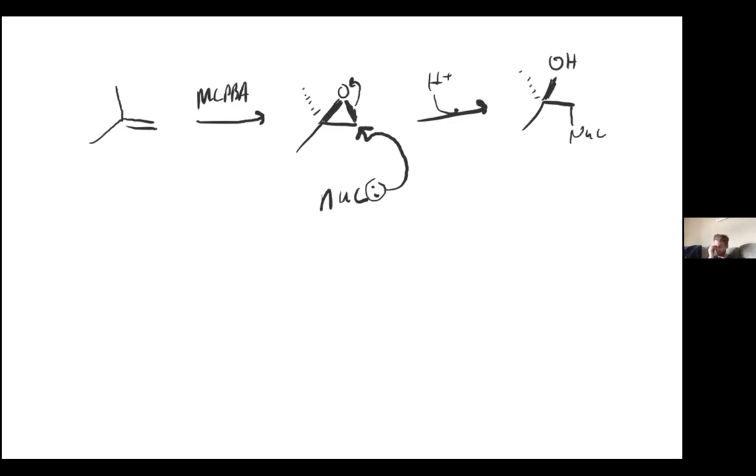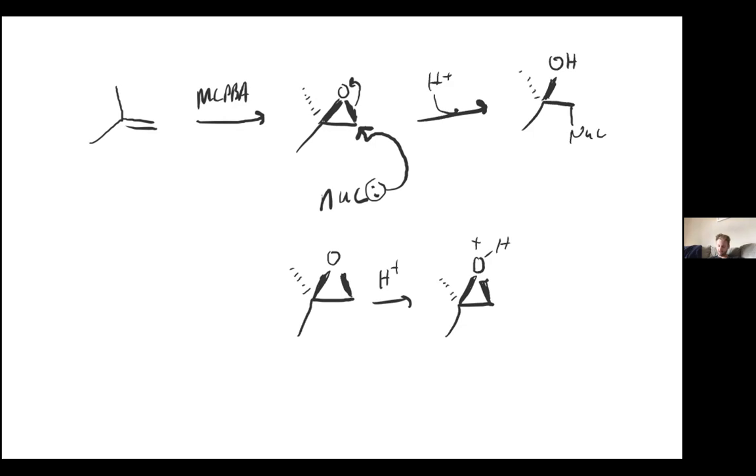Alternatively, in acid, because we now have this positive charge, the positive charge is going to be shared with the more substituted center of the epoxide.